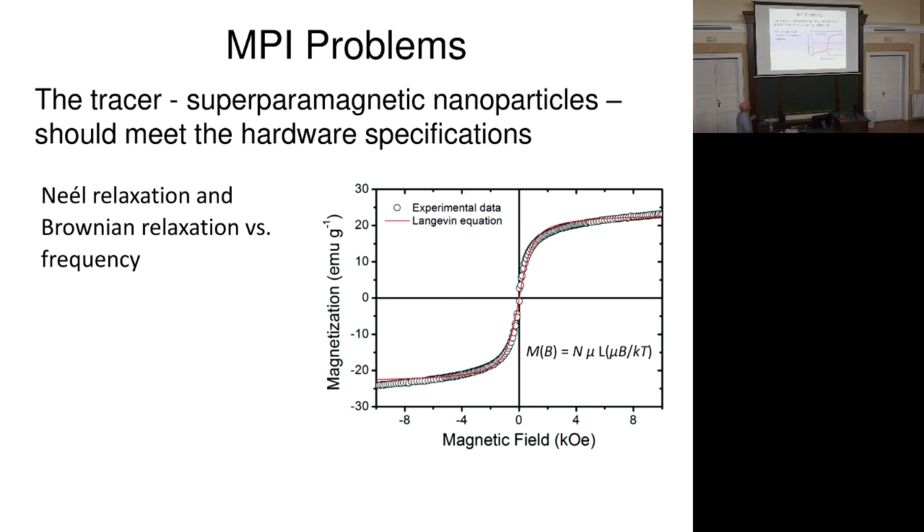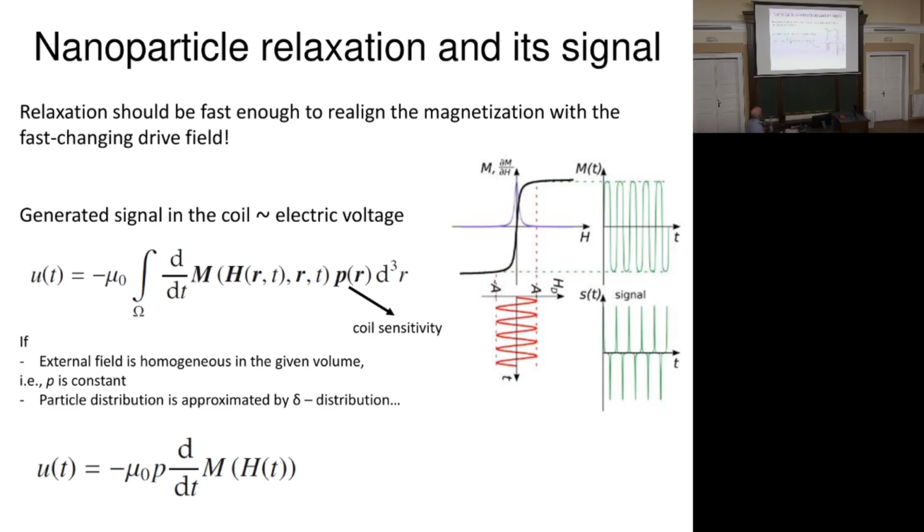So, MPI problems. Tracer. Still, it's a big problem for MPI. Physical problems related to Néel relaxation and Brownian relaxation and the frequency which we use for excitation. We already spoke about this.